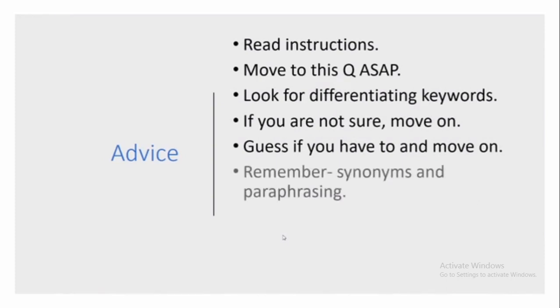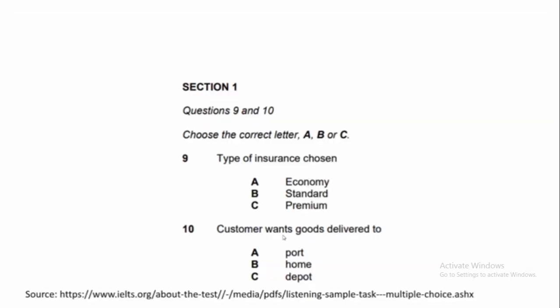We've already talked about that. Remember synonyms and paraphrasing. Let's look at this. Premium. The person might be talking about VIP or the highest level service or first class, the most expensive. These are synonyms and paraphrases of premium.